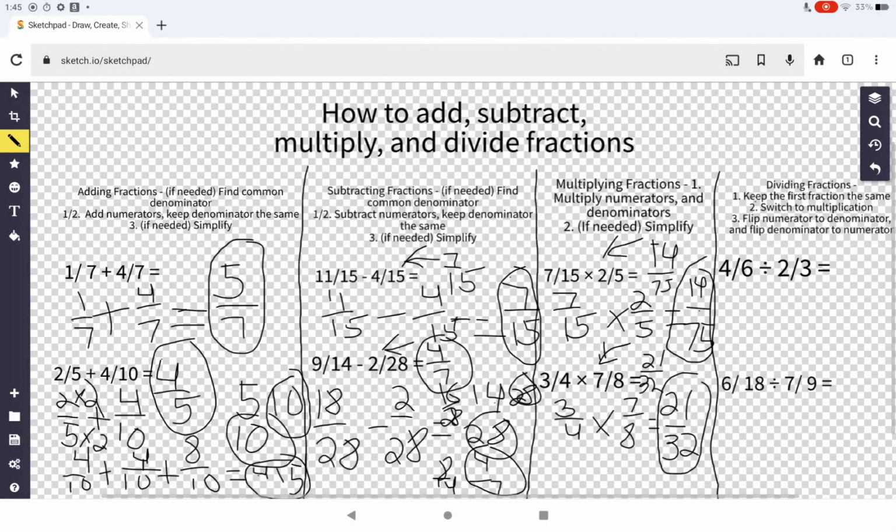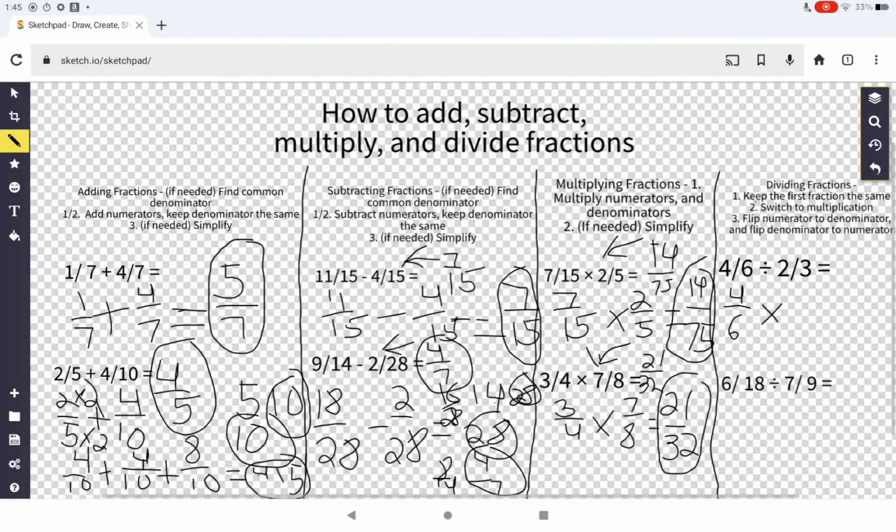Okay, now we can move on to dividing fractions. There's something called keep, switch, flip, which is a way to remember dividing fractions. We keep the first fraction, then we switch to multiplication, and then we flip the second fraction, so the numerator becomes the denominator and the denominator becomes the numerator.